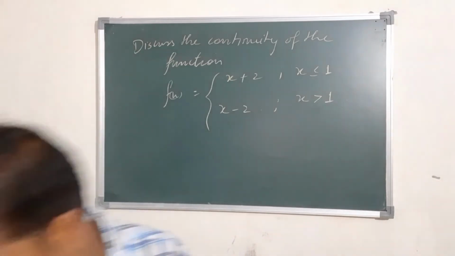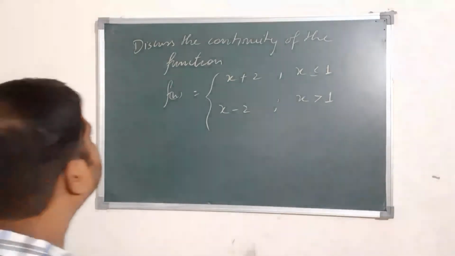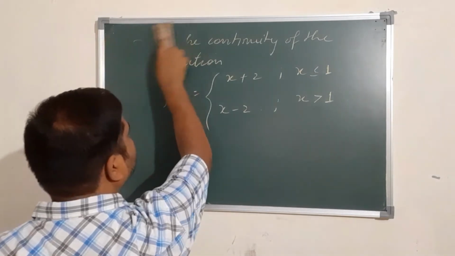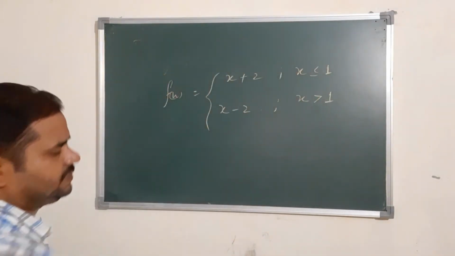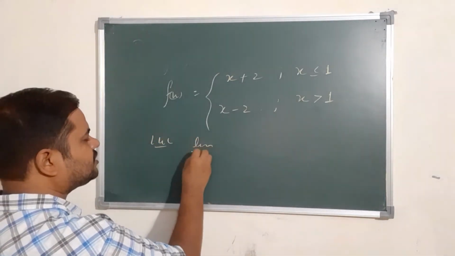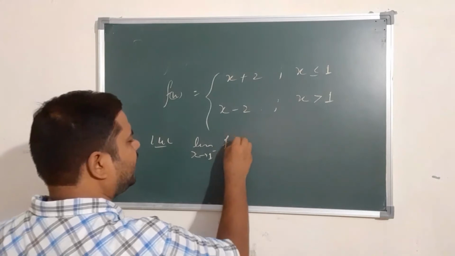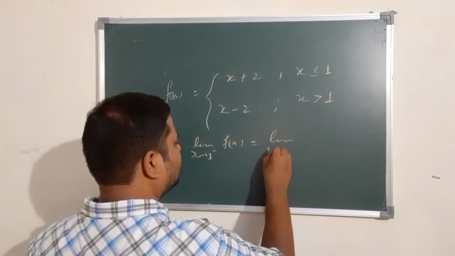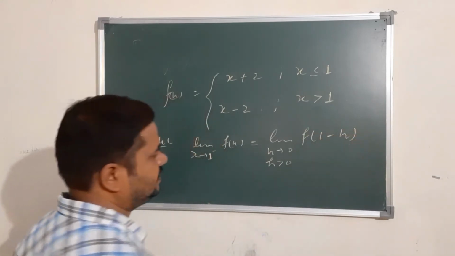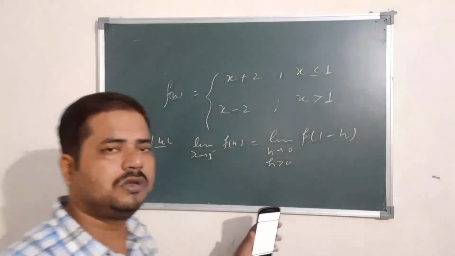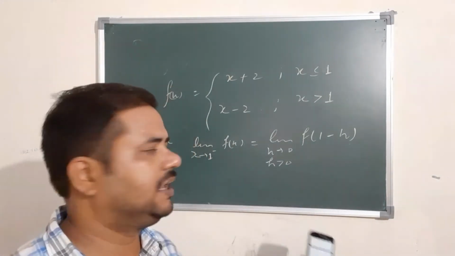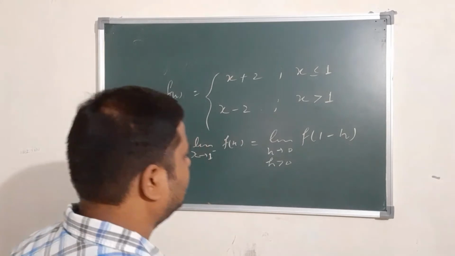Now we are going to discuss the continuity of this function. First we find the limit. So LHL, limit x tends to 1 minus f(x). This is limit h tends to 0, h greater than 0, f(1 - h). I am sure that you have already studied this LHL and RHL in class 11, that's why I am just going to solve it.